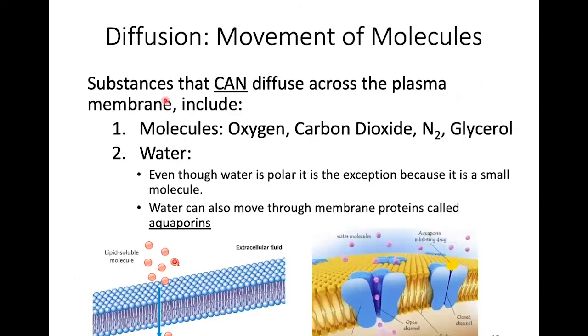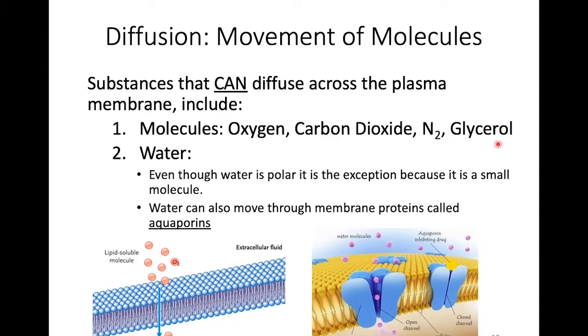So as we mentioned, certain substances can diffuse across the plasma membrane, but they have to be small and they can't be charged. All right, so a couple examples here, molecules, which we'll go through a couple of them there, and water. All right, so remember, do these all fit the criteria? Yes, they do, right? They are all relatively small molecules, CO2, 3 atoms, oxygen, 2 atoms, nitrogen gas, 2 atoms.